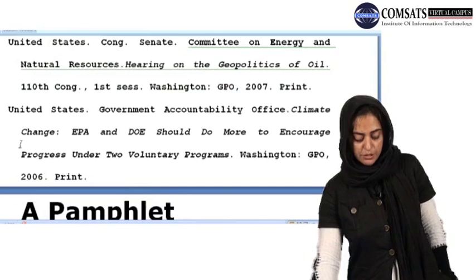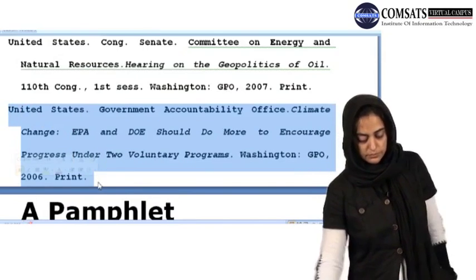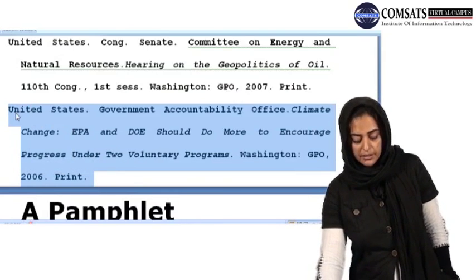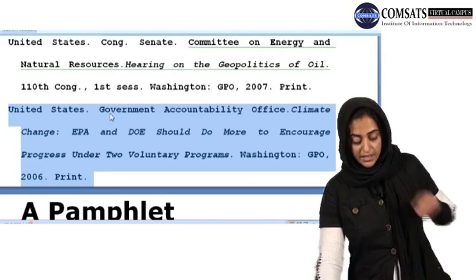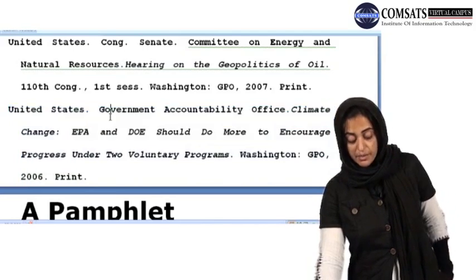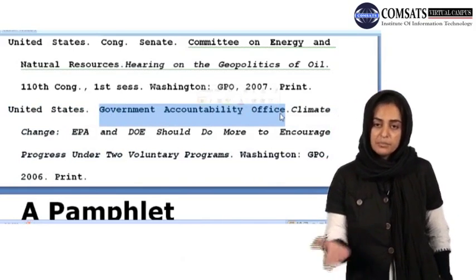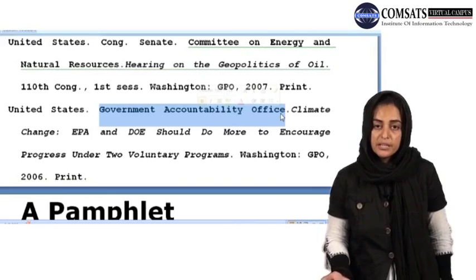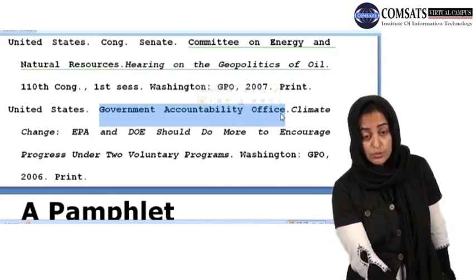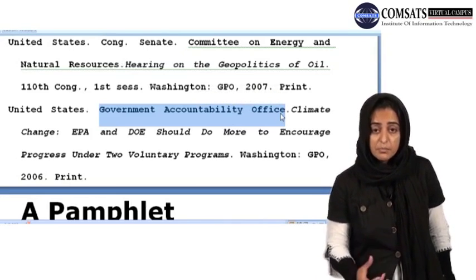Let's move to another example, dear students, here in front of you on the screen. Kindly have a look. Again, United States, beginning with the general name of the government. Then over here it's not the Congress or the Senate. Over here it's Government Accountability Office. It can be any subdivision, any office of the general government, from whose publication you are trying to create the detailed reference for a particular piece of information.